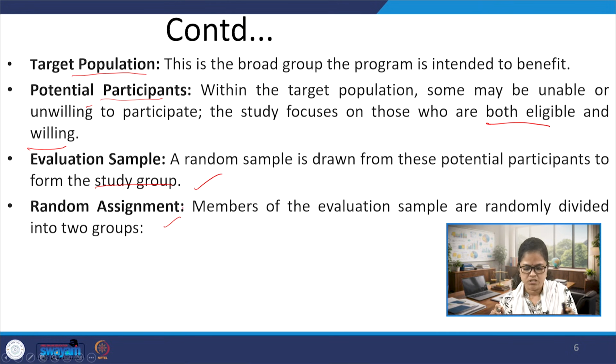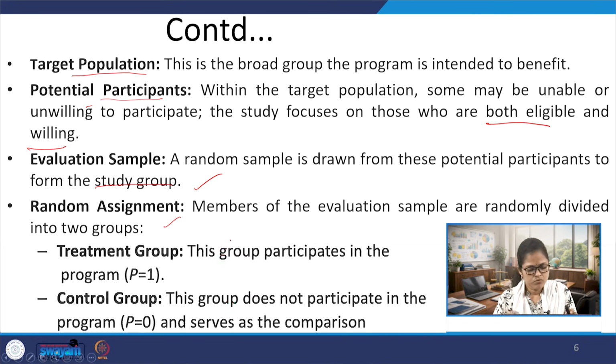So here basically the members of the evaluation sample are randomly grouped into two parts. One is your intervention group, the second one is your control group. So what is your intervention group or treatment group? This group participates in the intervention or the program where the program is being implemented.